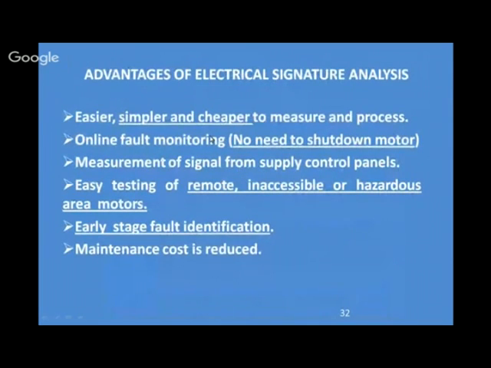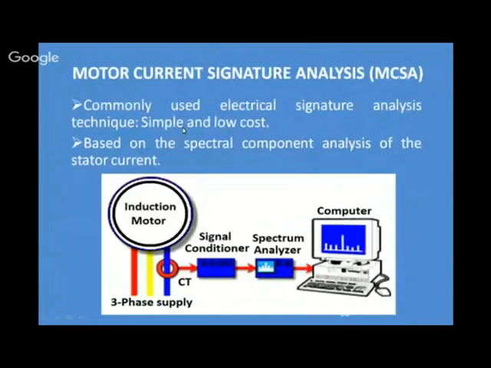Now these are the various advantages of this type of method of analysis. We have online monitoring for this type of system, that is the faults can be diagnosed at the running time of motor. It doesn't require any shutdown of the motor system. Moreover, it is simpler and cheaper because we are not using any special type of sensors here. Only a CT is used to detect the current of the motor.